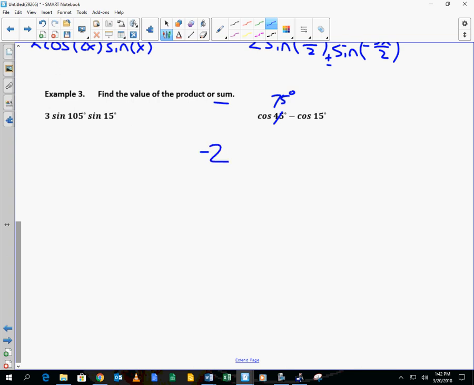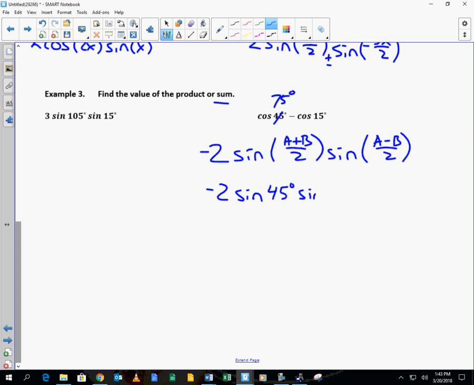Times sine of a plus b over 2, sine of a minus b over 2. Great. So I've got -2 times the sine of, what is a plus b, then divided by 2? 45. Times the sine of what is a minus b divided by 2? 30. Okay, so I got negative 2 times sine of 45 times sine of 30.